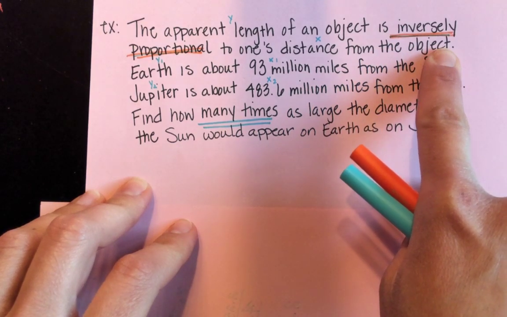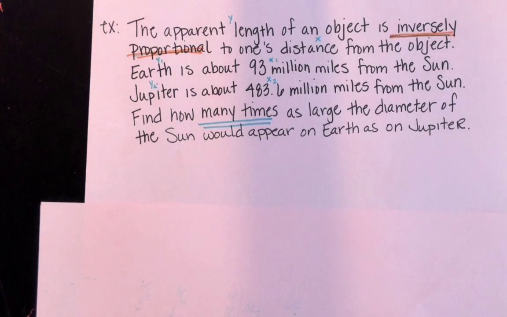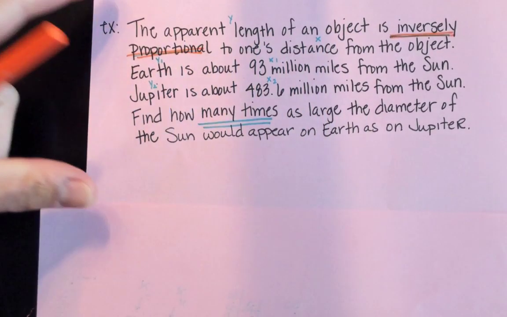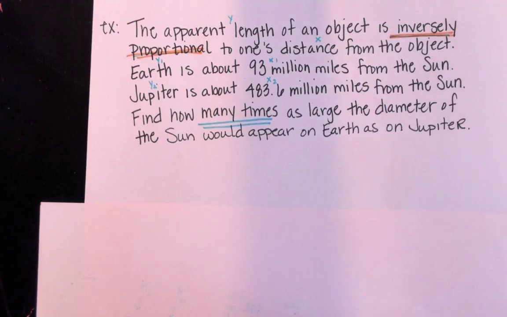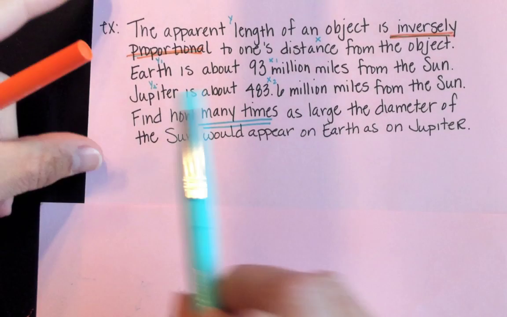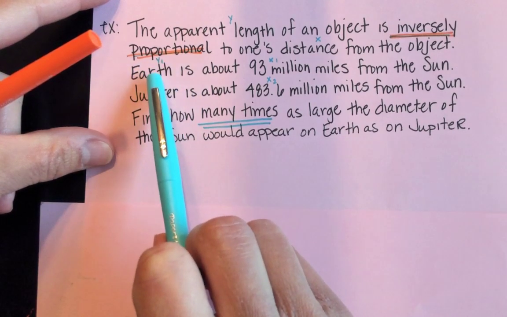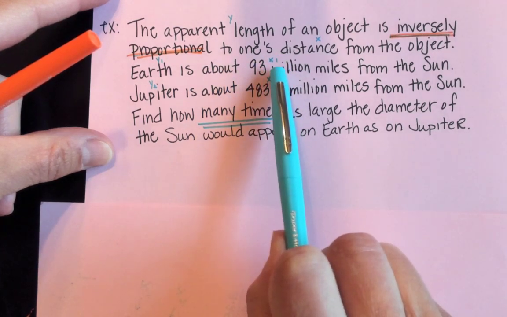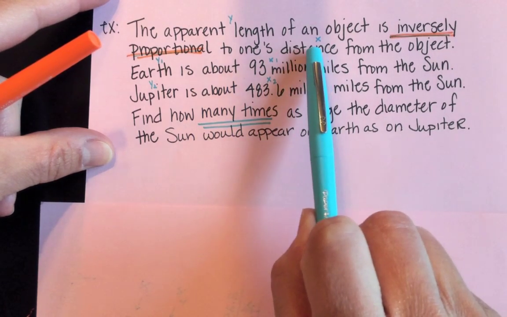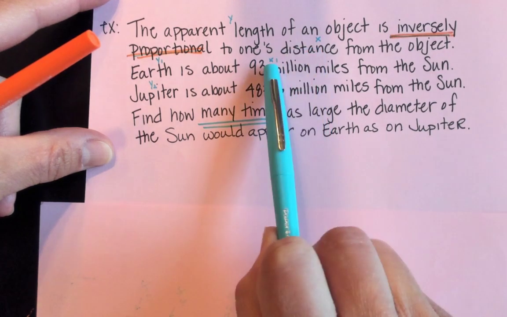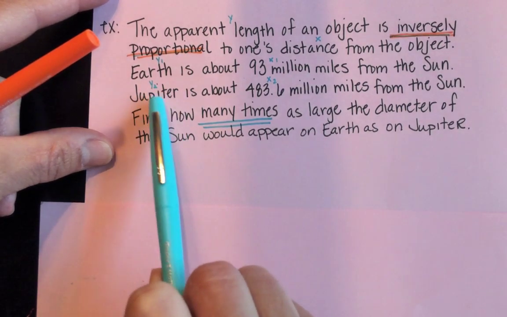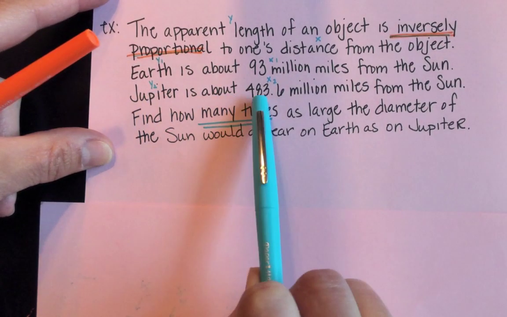Now you'll notice that we have this idea of the apparent length of the object. So I did it this way, and we'll look to see if it works in a different way. But I said, okay, we're on Earth. Earth is y1, and it's about that many miles away from the sun. Our distance x is x1 from the sun. Jupiter, we've got our Jupiter, y2, is about that many million miles from the sun.